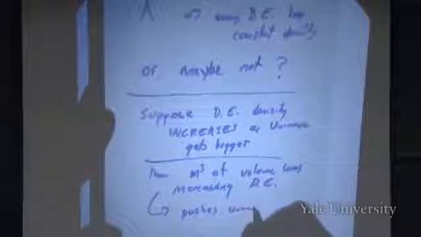But supposing we invent some kind of dark energy where the density actually gets bigger as the universe increases in size, then a cubic meter of volume has increasing dark energy as time goes along. That, of course, pushes the universe out faster. So the acceleration increases. That makes the size increase.